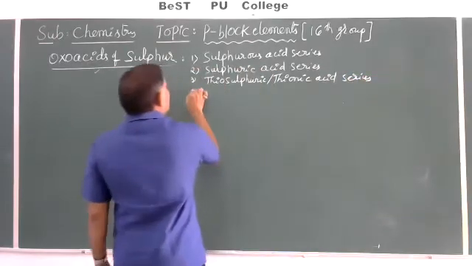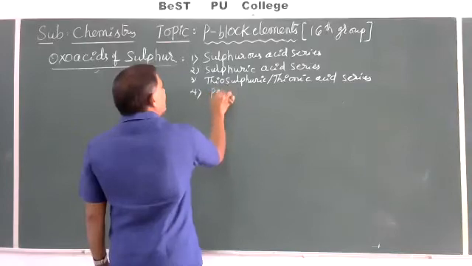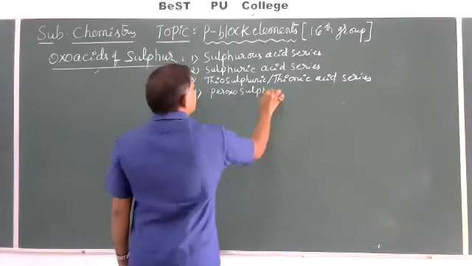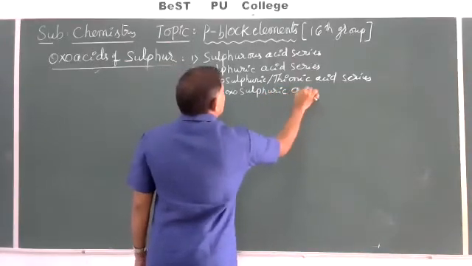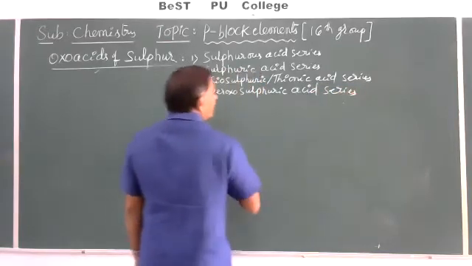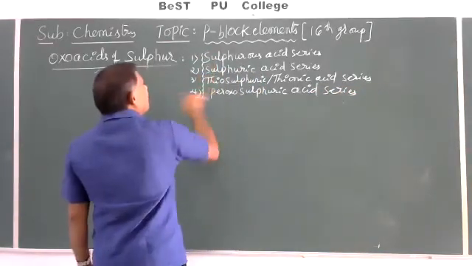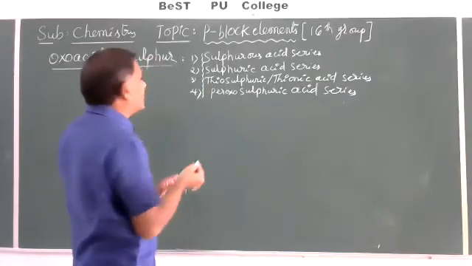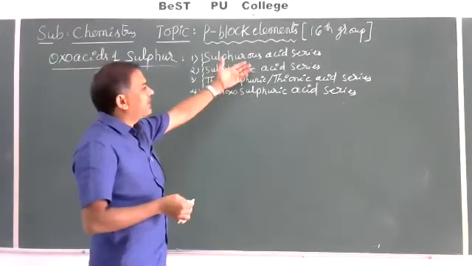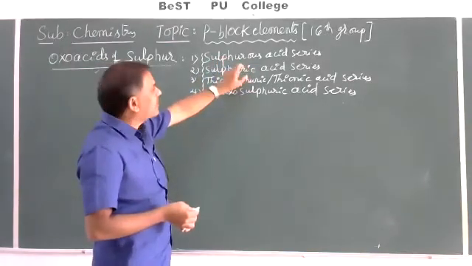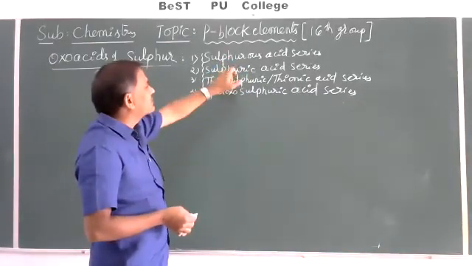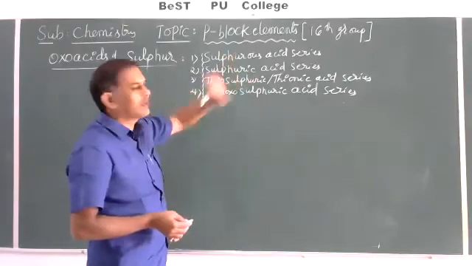Then fourth one is peroxosulfuric acid series. So these are the four important series of oxoacids of sulfur, based on their oxidation state, their structure, and the combination between oxygen and hydrogen, oxygen and sulfur, and sulfur and sulfur.